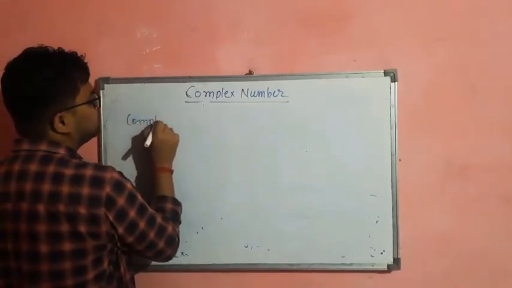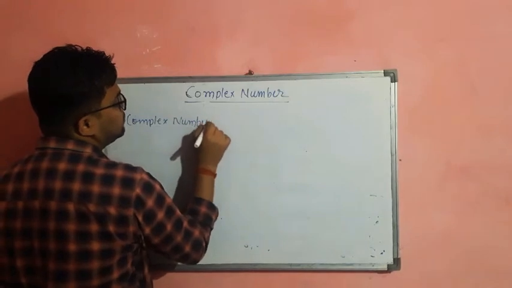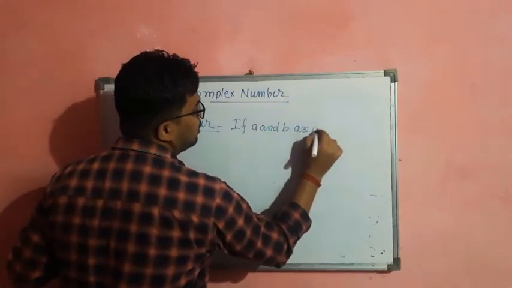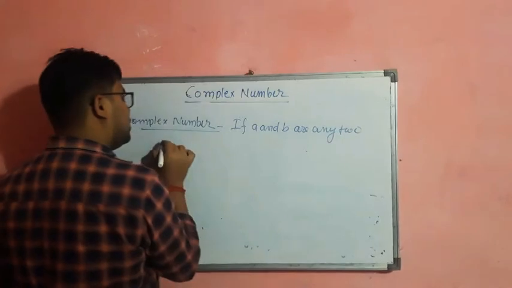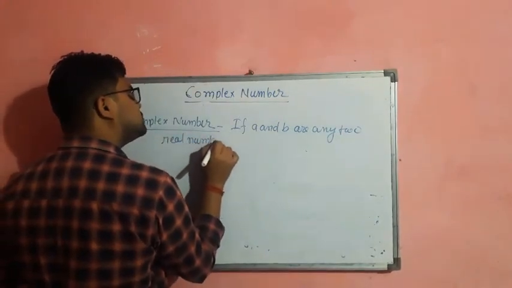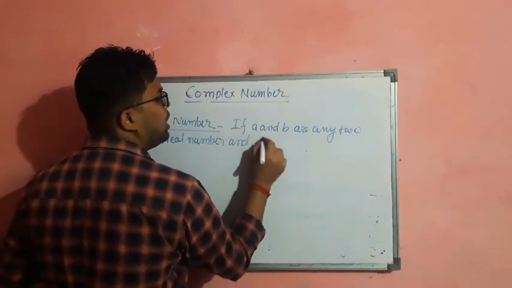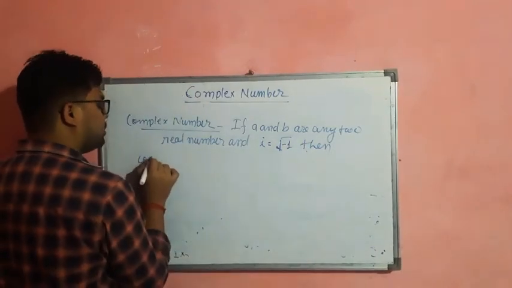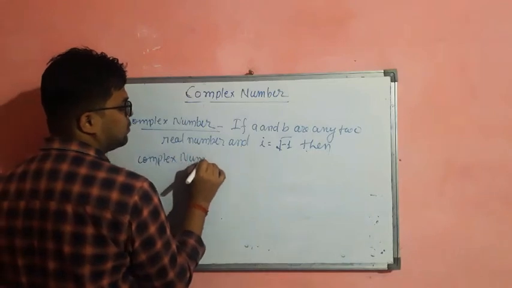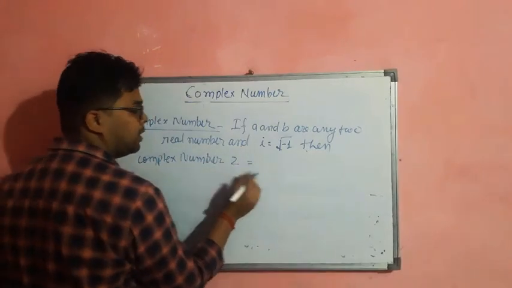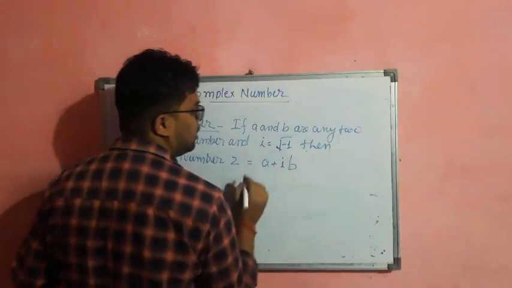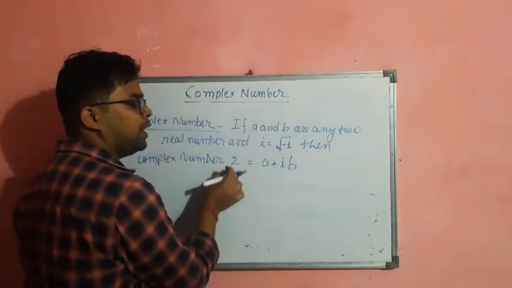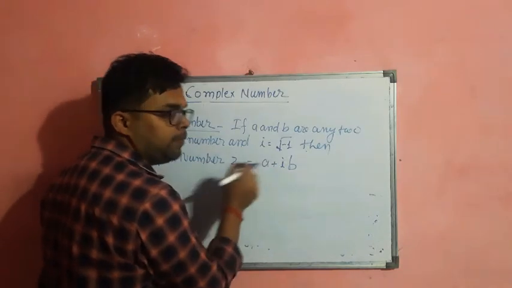Complex number: if a and b are any two real numbers and i is equal to root of minus 1, then a complex number, generally denoted by z, will be equal to a plus ib.